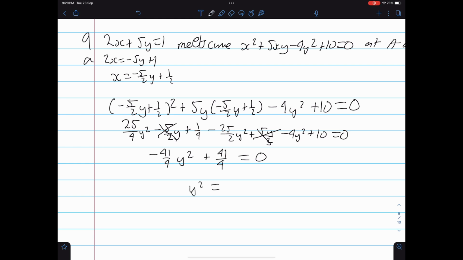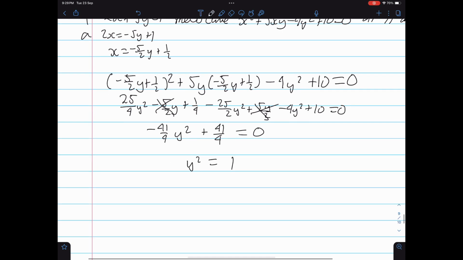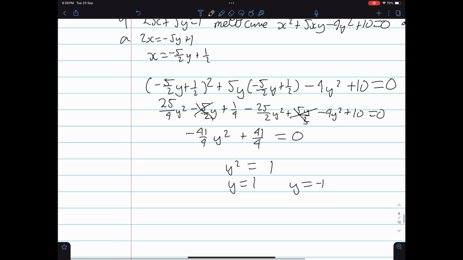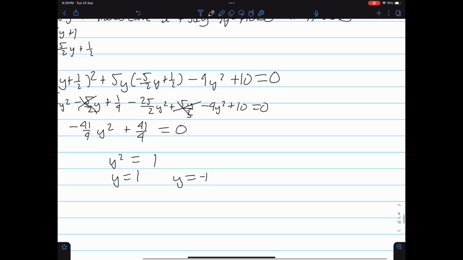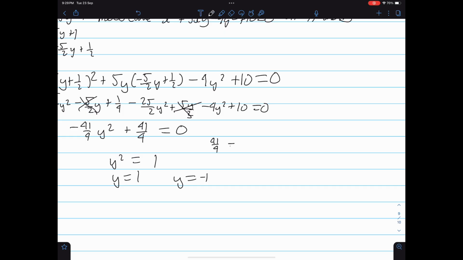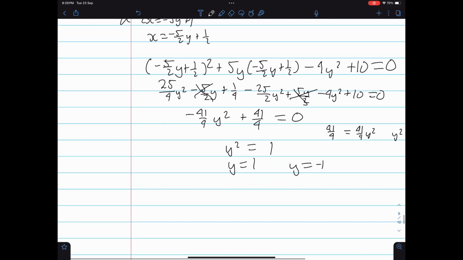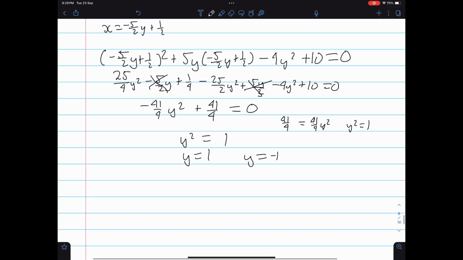So y squared just equals 1. So y will equal 1 or y will equal minus 1. I mean, I'll just, for pedantic's sake, write it like that. And then we'll continue.